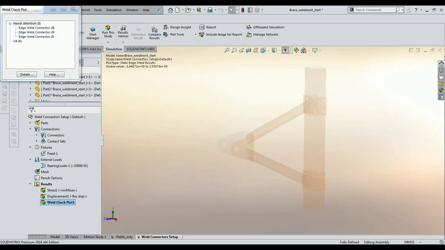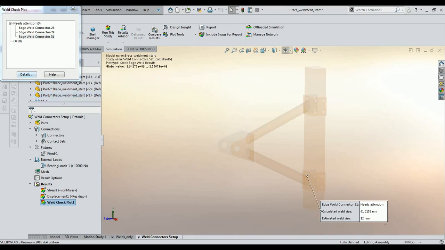Here the estimated weld size is 10 mm, and yes, of course it is safe, and the calculated weld size shows 11 mm, and this size is the 29 mm weld size. SolidWorks also suggests the best solutions if I need any attention or the like.